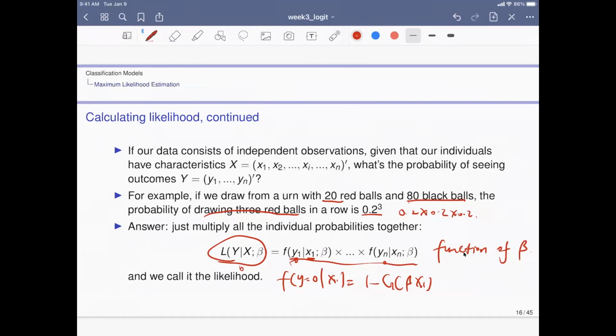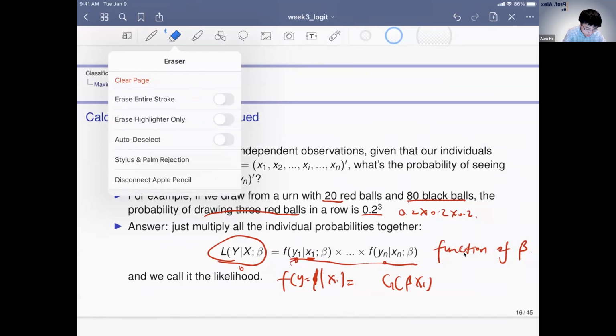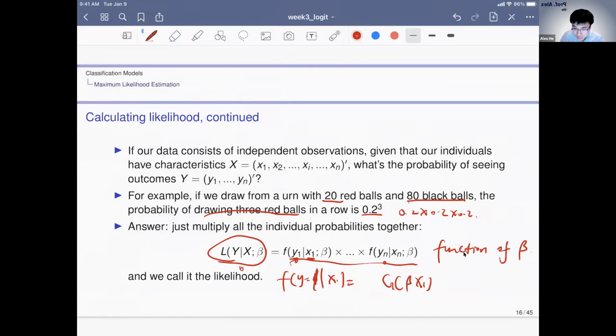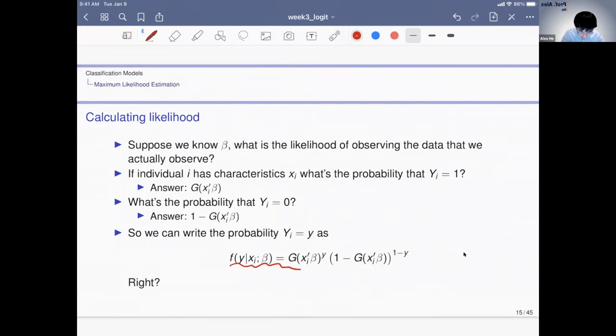And if it equals 1, then this just equals g of beta x1. So depending on the data that we observe, this can take either g of beta x1 or 1 minus g of beta x1. That's why we are writing this function f here: f equals g of beta xi if y equals 1, and 1 minus g if y equals 0, sorry.